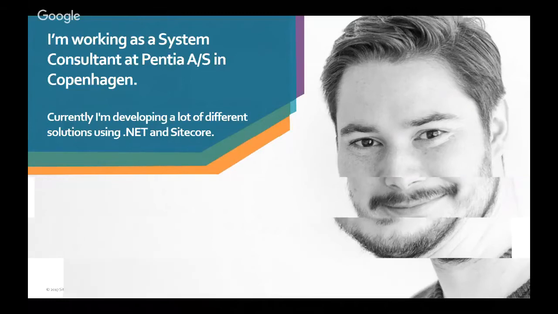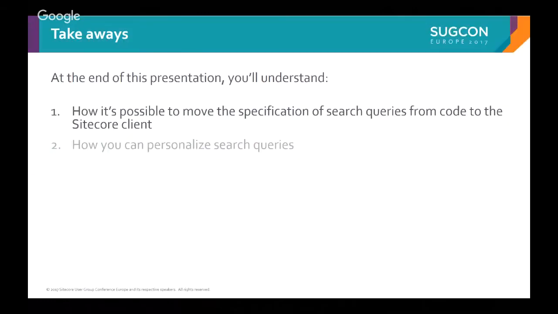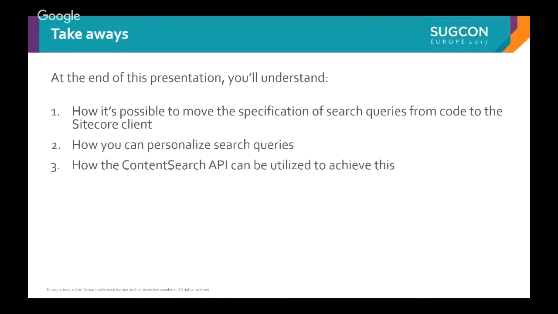So let's look at today's agenda and what the key takeaways will be. I guess most of you have already peeked at the session and been given some general understanding of what we'll be going through today. Just to sum up, over the next 40 minutes we'll go through generally 2 or 3 things.